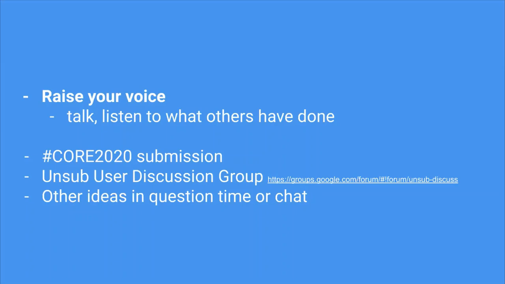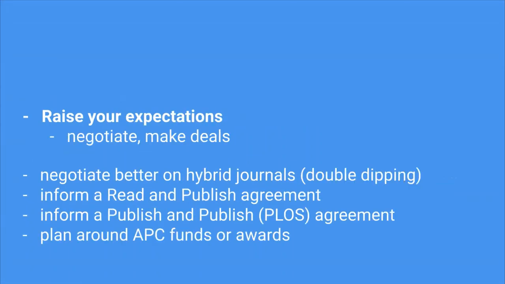The Unsub user discussion group is a place where we're really hoping some of these conversations can start being had accessibly and openly with everyone. So you don't need to be in a clique to be part of the conversation, but we can all be talking about different ways to do these estimates and what we can learn. I'd love to hear your ideas in question time or chat.